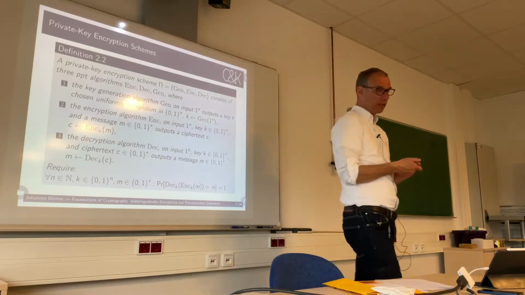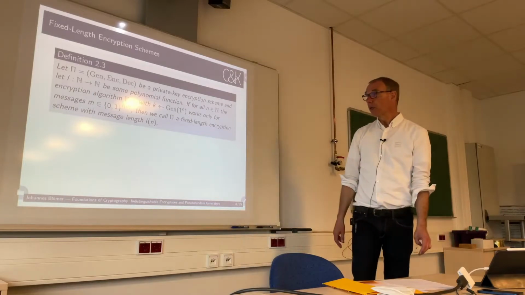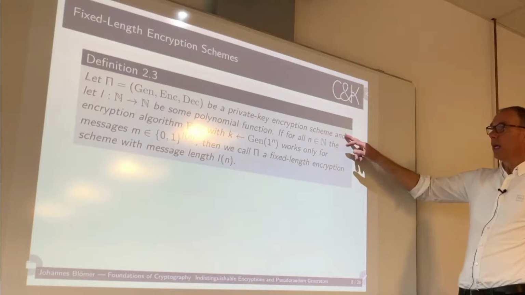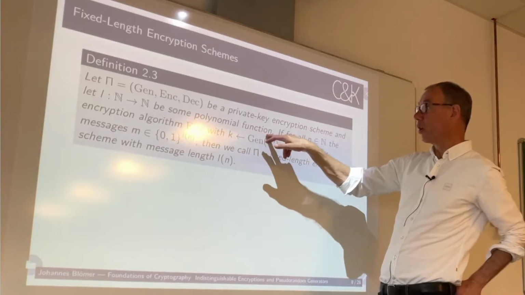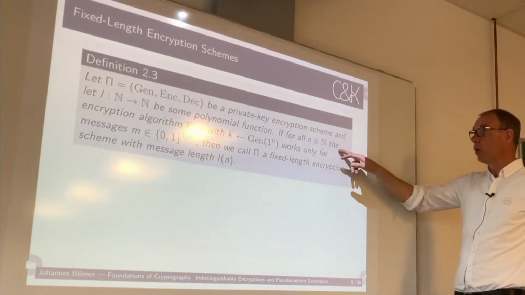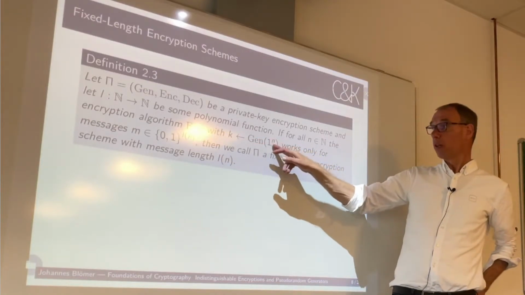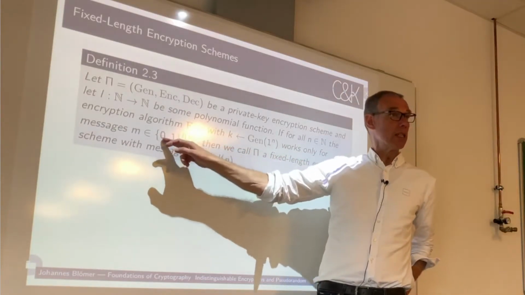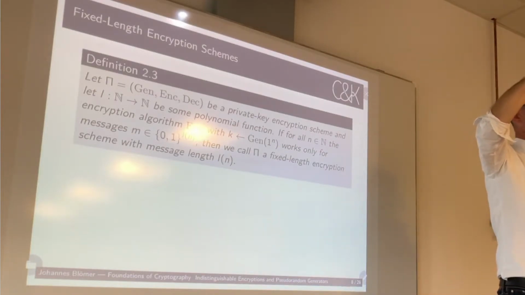But we will have a specific notation for that, namely fixed length encryption schemes, where we say that we have a private key encryption scheme and some polynomial function ℓ, and we only require that the encryption algorithm, if we have a key chosen with security parameter 1^n, works only for messages of a certain length, determined by this function ℓ.